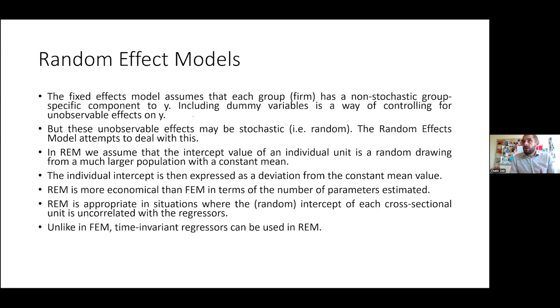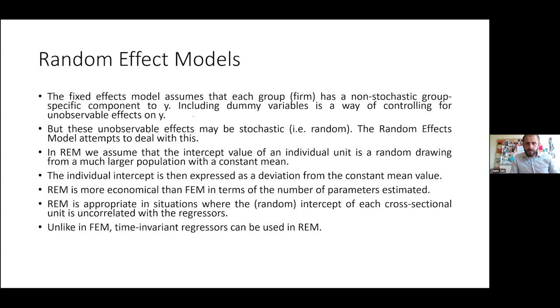In this case, I have to use a model that takes into consideration the fact that my unobservables are stochastic, not deterministic like in the fixed effects model. And the model that can handle this is the random effect model.